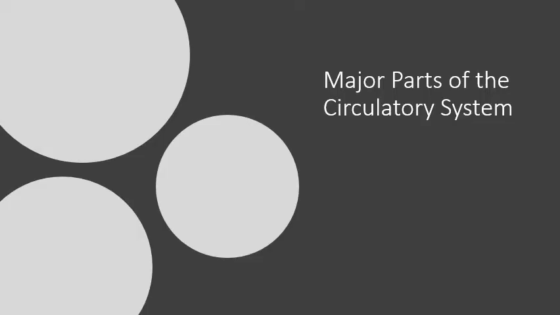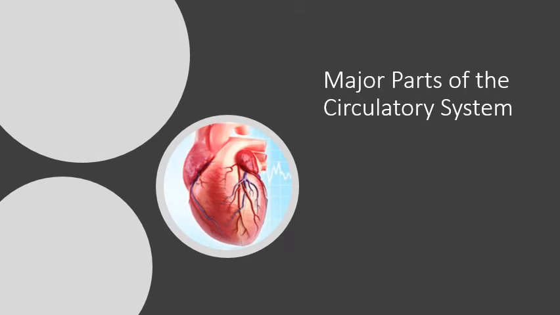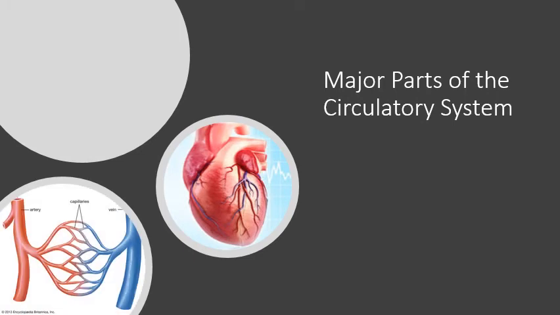The following are the three major parts of the circulatory system. The heart. It pumps the blood throughout the body. The blood vessels, which carry the blood throughout the body. We have three types of blood vessels. The arteries, which carry oxygenated blood away from the heart to the cells and tissues and the different organs of the body.